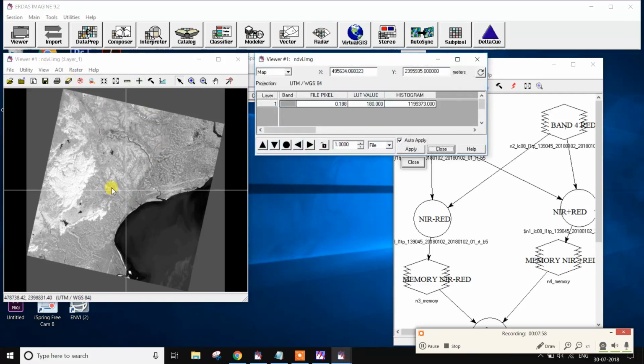The water body value is -0.78, and there is the dense forest. So there is the vegetation and there is the water body. This is the negative value, -0.8. Complete this process.